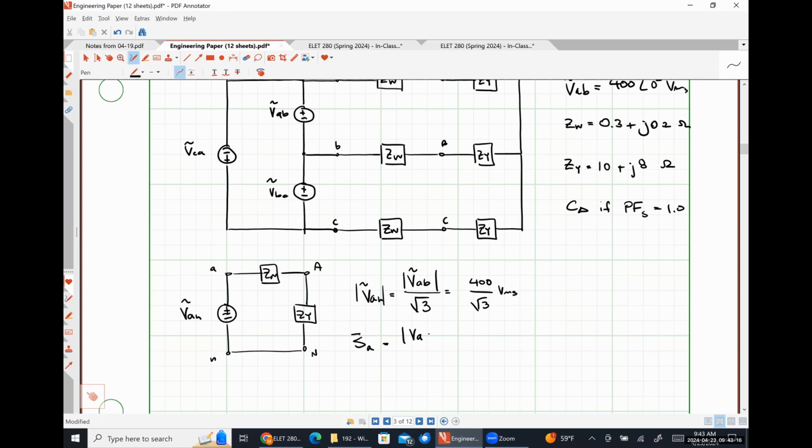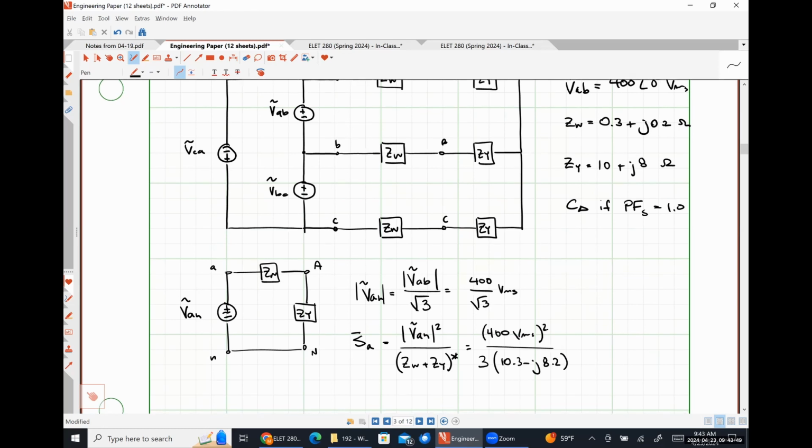So the magnitude of VAN squared over ZW plus ZY conjugate the whole thing is going to be 400 volts RMS over root 3, squared, over 10.3 minus j8.2, and I forgot the square up here.